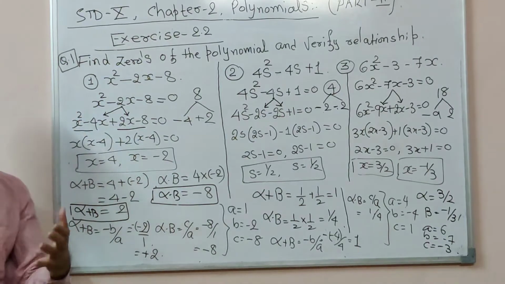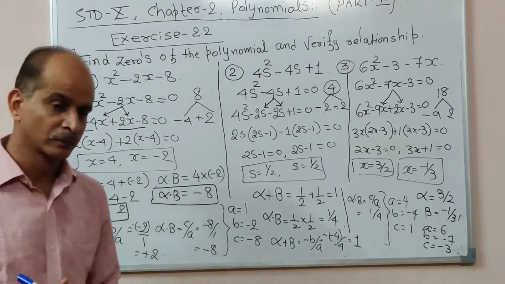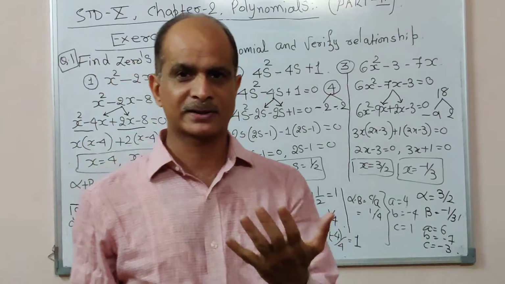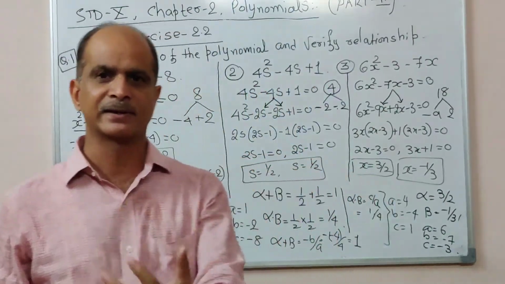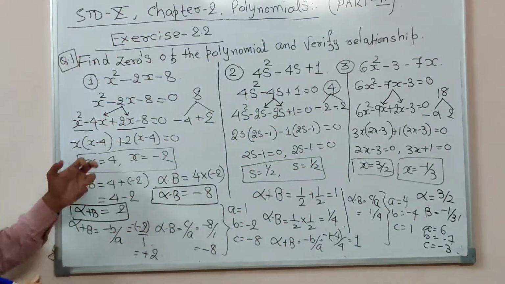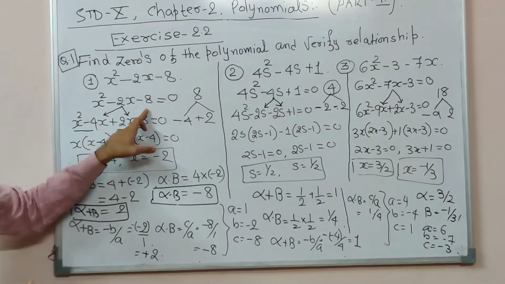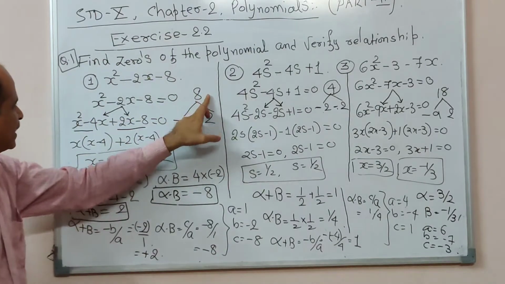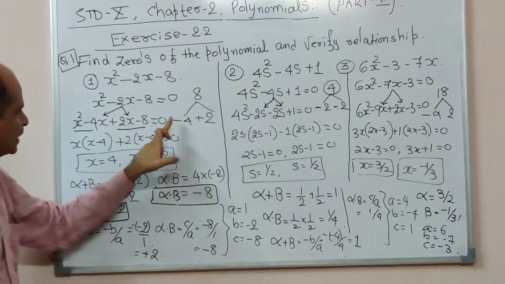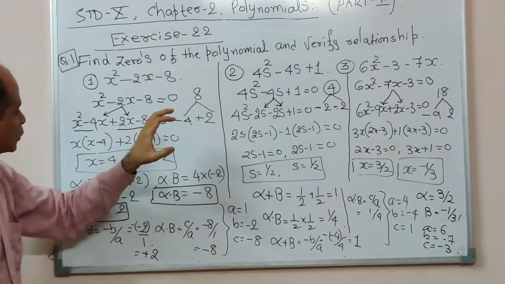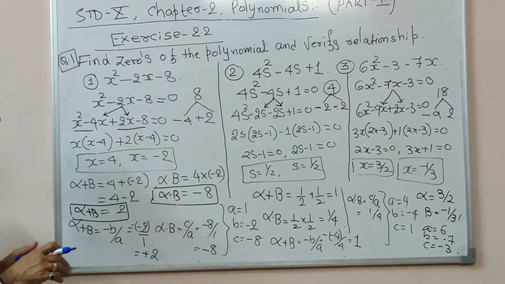Here you can use the method of factorization, which you have studied in standard 8 as well as in standard 9. So this is the method of trinomial. So you have to factorize 8. Minus minus is equal to minus plus. So subtraction should be minus 2.